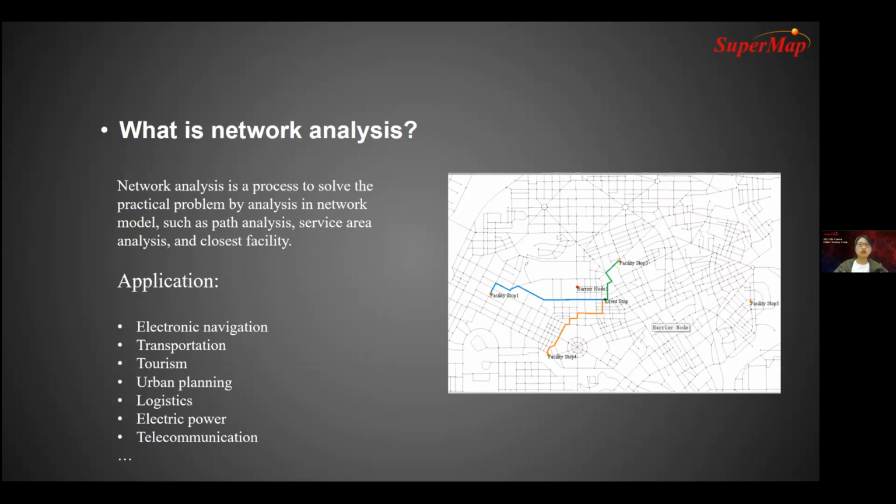We usually use the electronic map to create a route to get us from one place to another, so that's for transportation applications. It is also used for tourism, urban planning, and logistics, so that we can know how to deliver goods from one place to another place, or from one place to multiple places.